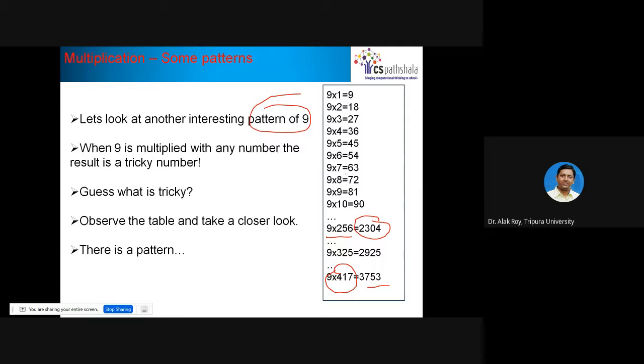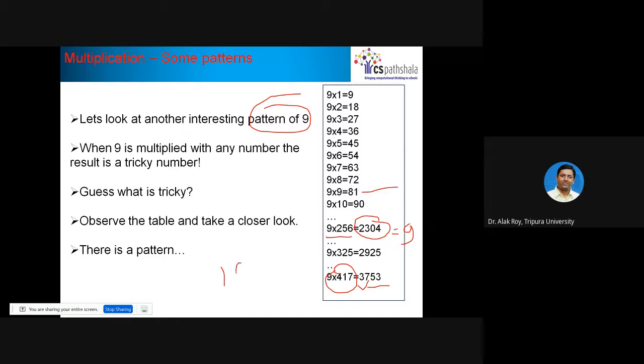Here is a trick: whenever you add the digits of the result, like 3753, 7 and 3 is 10, 10 plus 5 is 15, 15 plus 3 is 18.